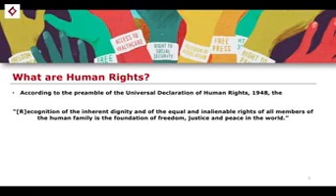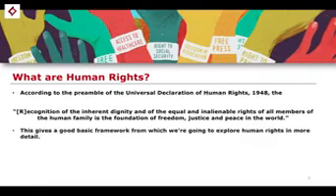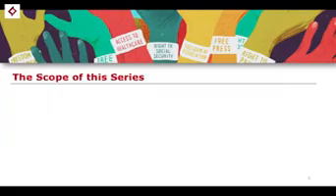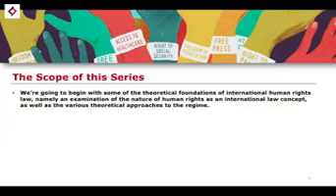Now, of course, there are challenges to that interpretation, but if we were to accept that one of the purposes of international law is the promotion of freedom, justice, and peace, of course, we're going to place human rights as one of the central characteristics of international law and one of the central characteristics that we have to study. So let's think about the scope of this series.